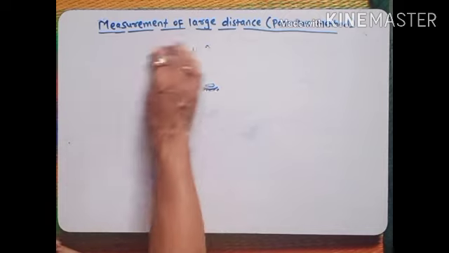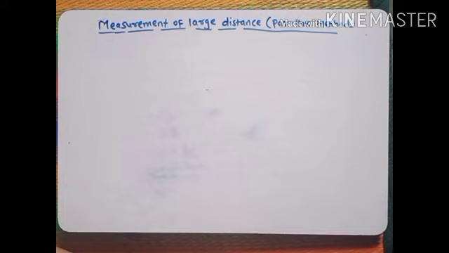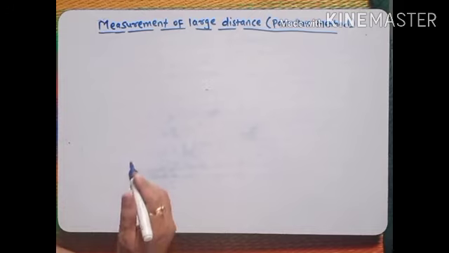By using the parallax method we can measure large distances. Suppose a distant star is there and we have to measure its distance from Earth.